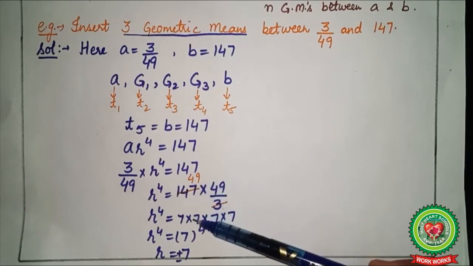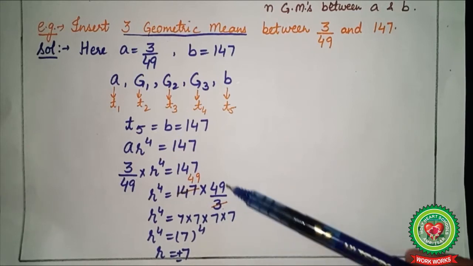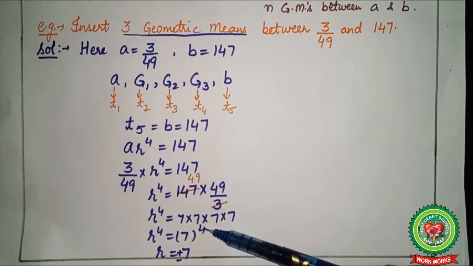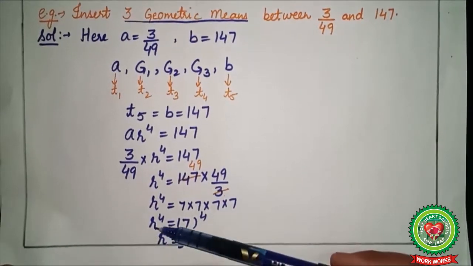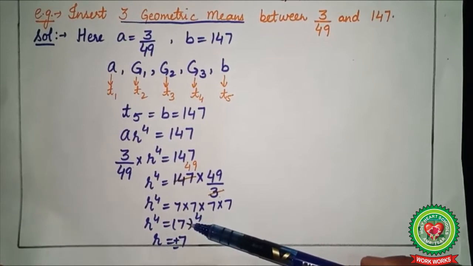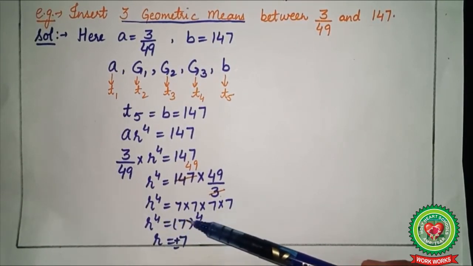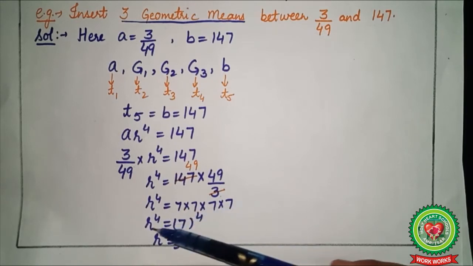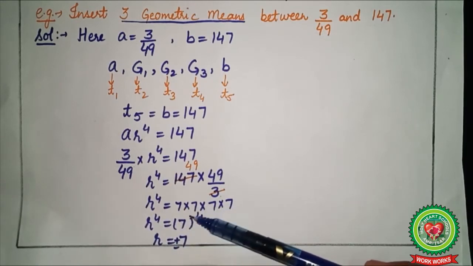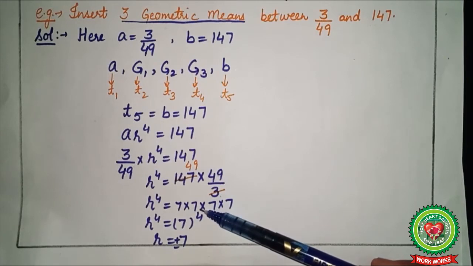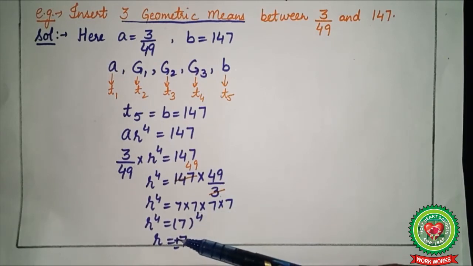Now 49 can be written as 7 into 7, and again 7 into 7, so 7 raised to power 4. Now on the left side we have r raised to power 4 and on the right-hand side we have 7 raised to power 4. So on comparing, both powers are the same, so r is equal to 7. But here it is an even power, so we will take both signs, plus and minus 7.